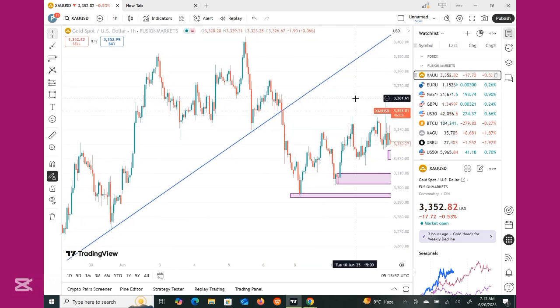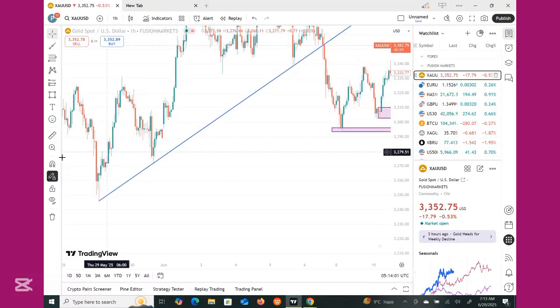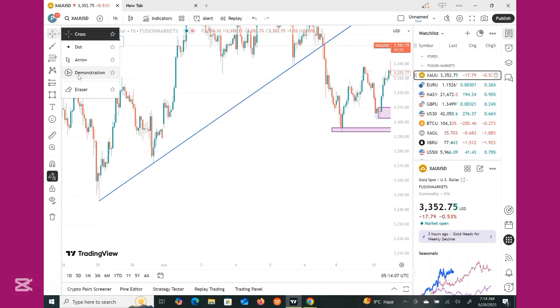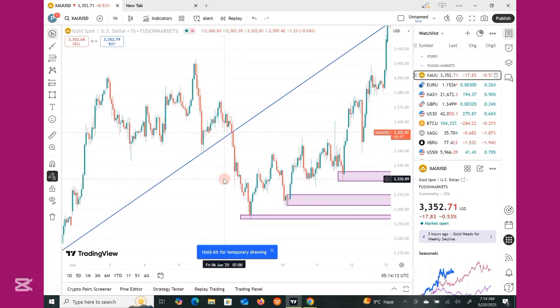So you just plot your trend lines and just see. When you're plotting a trend line, you look for the first point, then connect it to a second point, and after that you watch how price reacts when it gets to that point.